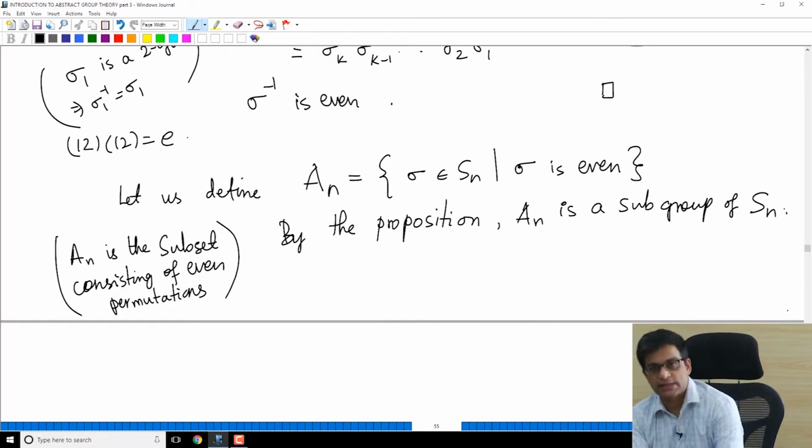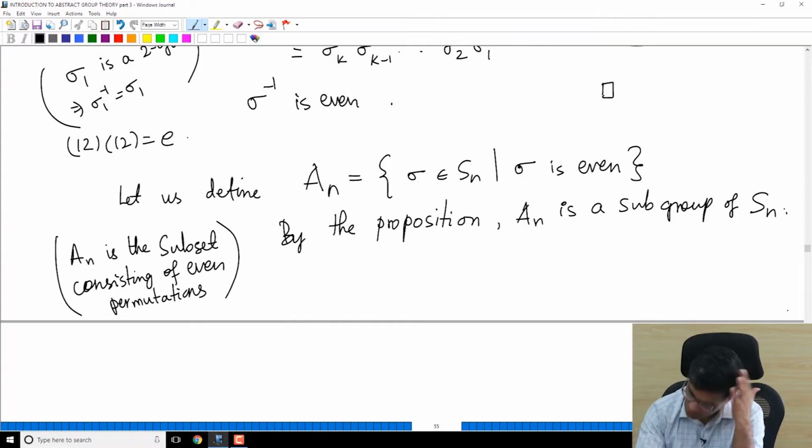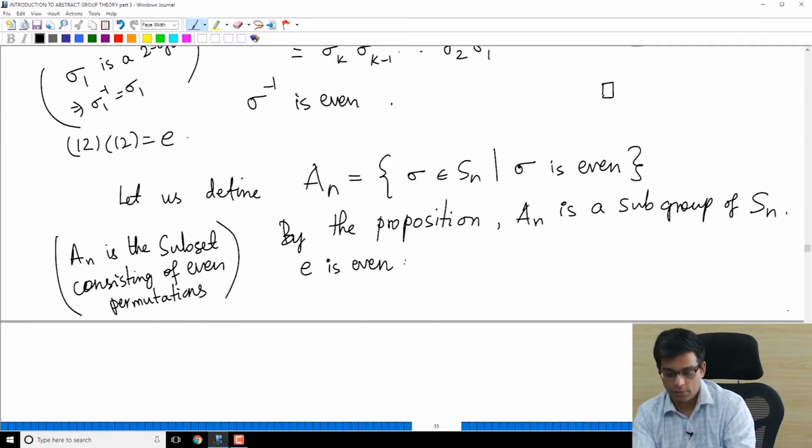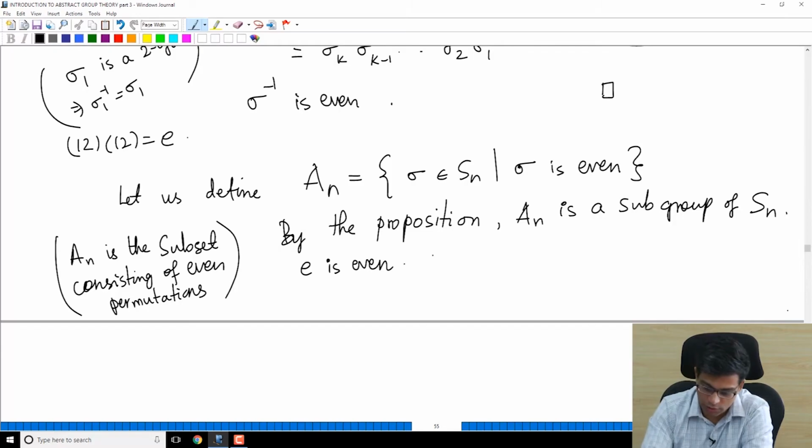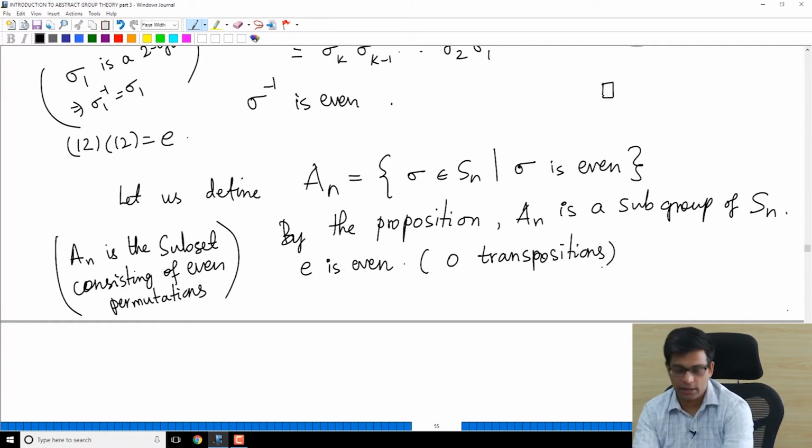Let's see, what is a subgroup of a group? It must include the identity element. I didn't write that in the proposition, but I should say it now. Certainly, what is the identity permutation? It is even, right? Because it requires 0 transpositions. We don't need any transposition to write it. So identity is certainly even.